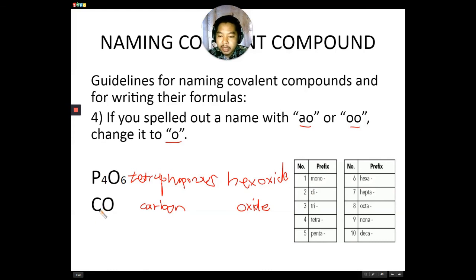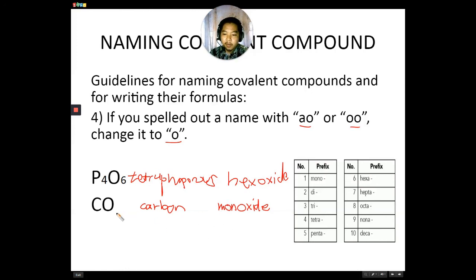There's no subscript, so I assume there's one. Mono. I don't say mono in my first element, but I say mono on my second one. So carbon monooxide. But the fourth rule says, if there's an AO or OO, I change it to O. So this only becomes monoxide.